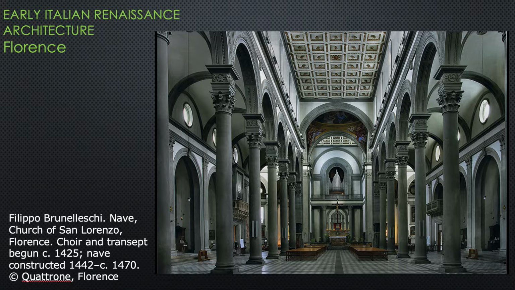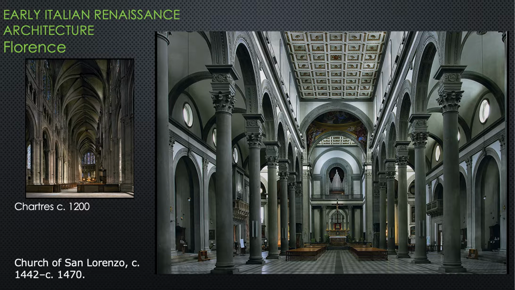So perfection is one of the big ideas of the Italian Renaissance, and we're going to see this in sculpture and painting too, is just establishing a balance of all elements and making it as perfect as you possibly can. So this is the interior of San Lorenzo.